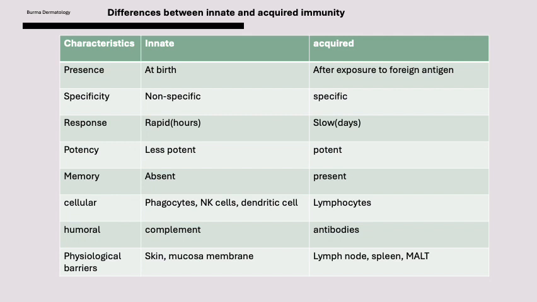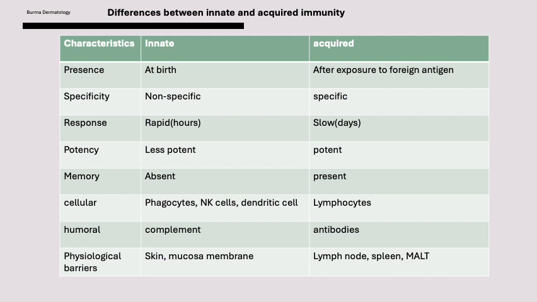So in the cellular part, innate immunity is mainly involved by the phagocytes such as macrophages, neutrophils and dendritic cells, but the acquired cellular part is mainly by the lymphocytes.